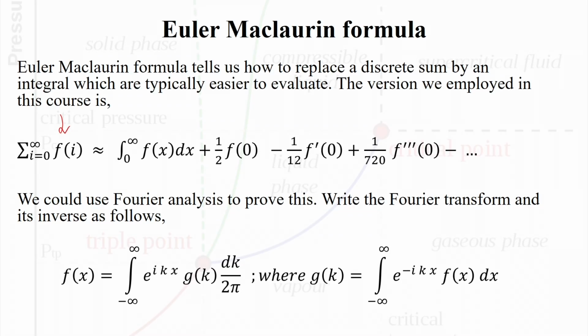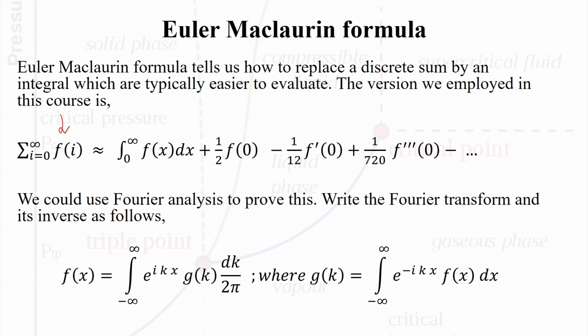Infinite sums are actually limits of finite sums, and those limits can be hard to calculate. If it's an integration, many times there are lots of tricks you can use to analytically evaluate integrals, but there are fewer tricks to evaluate infinite sums. So it's nice to know that you can convert an infinite sum to an integral, and the way you do that is through the Euler-Maclaurin formula.